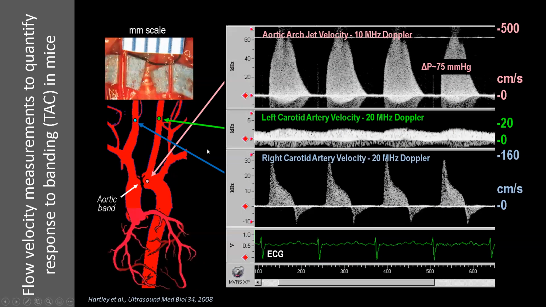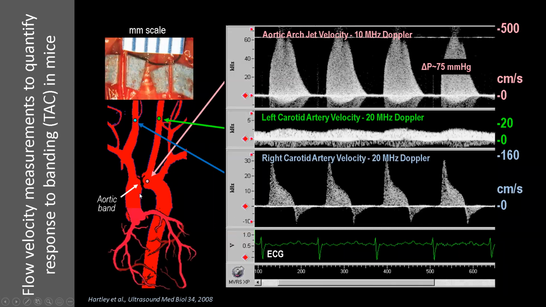Another example is TAC banding. You create a stenosis surgically between the innominate and the left carotid. And this generates a huge pressure overload of the heart.